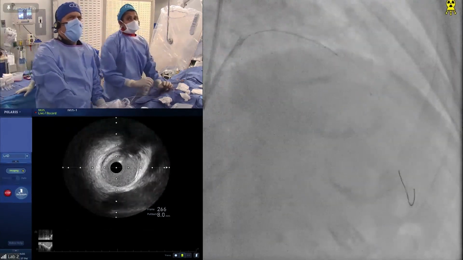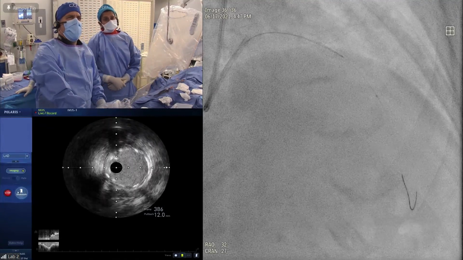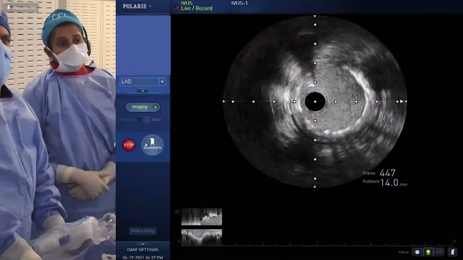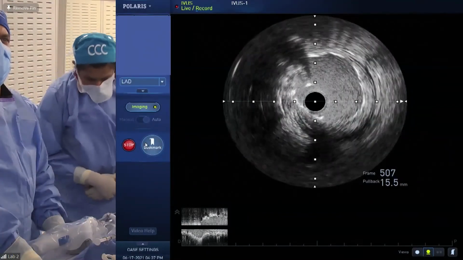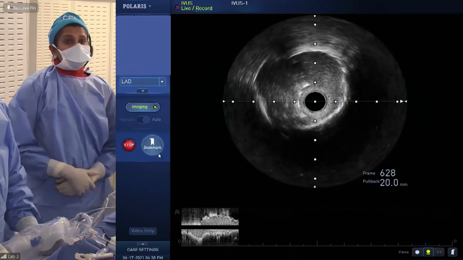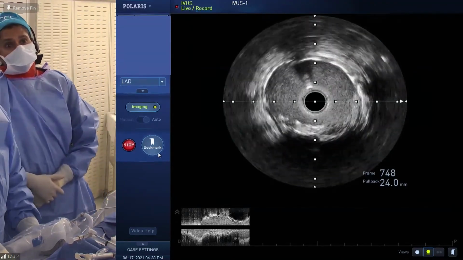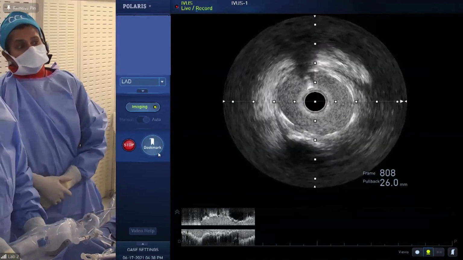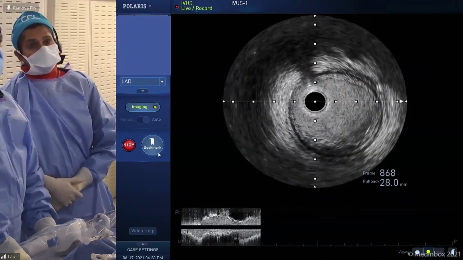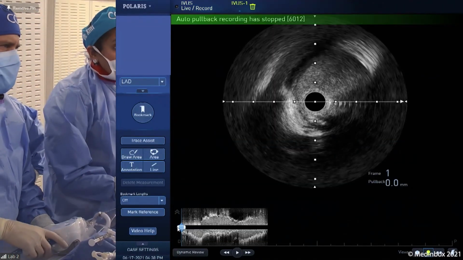So it's negatively remodeled. It's interesting how this segment was negatively remodeled, and now you see your proximal LAD well apposed, and no elliptical dissection. You're done, and it looks very good.